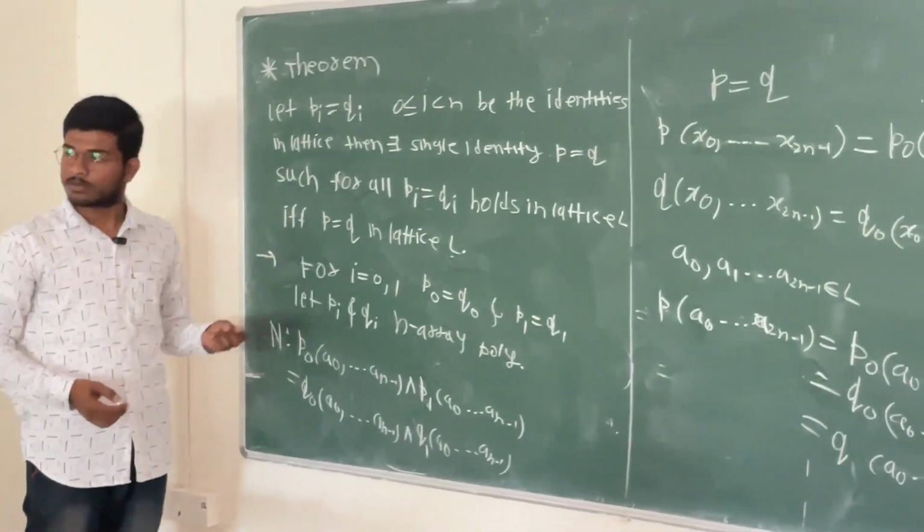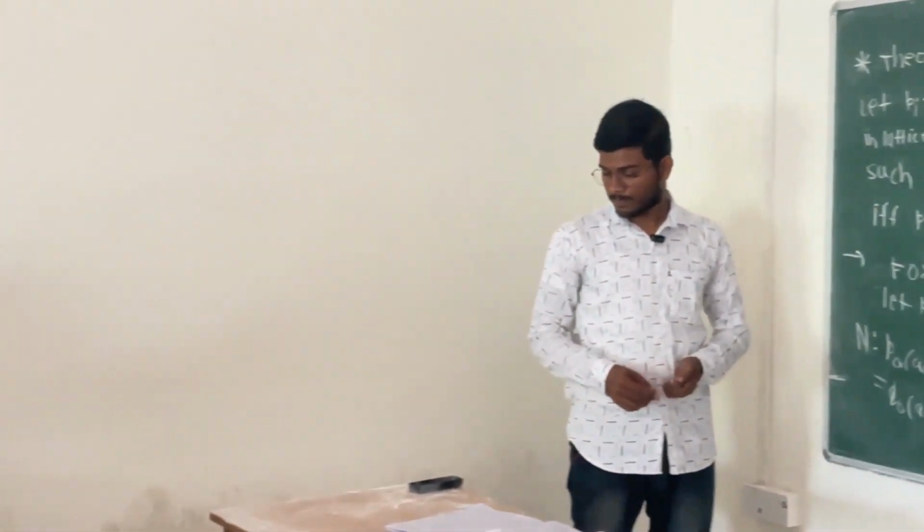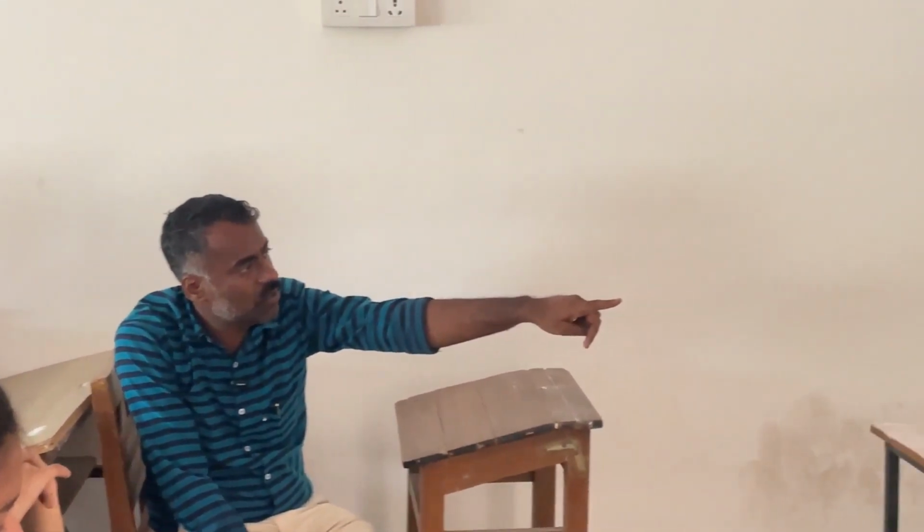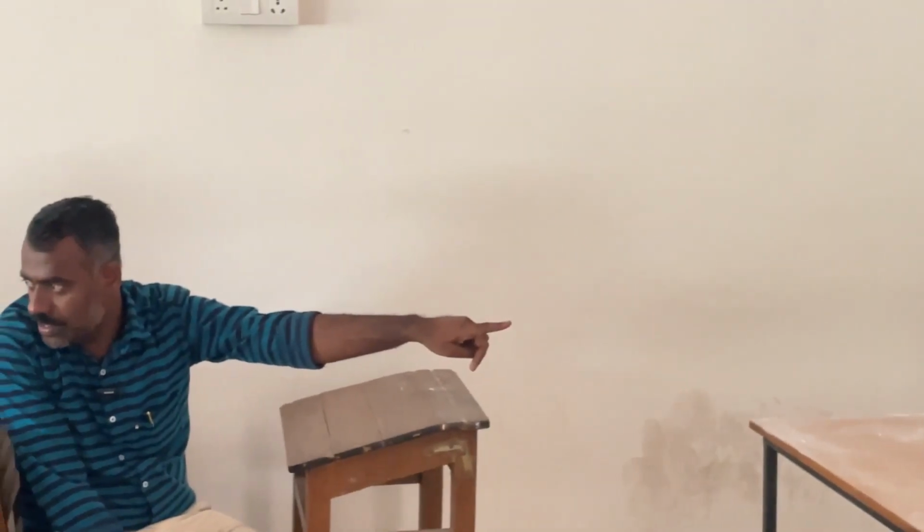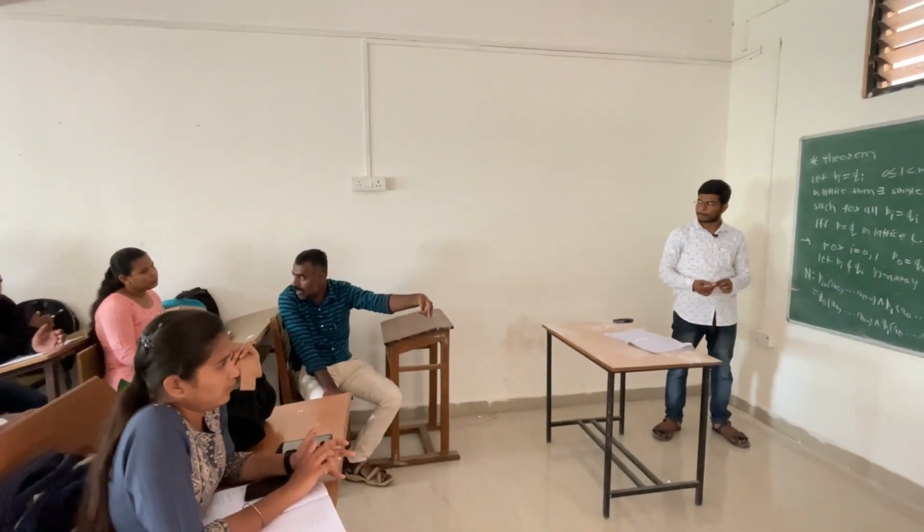Now we will, so one second. What you have observed here is, if you take p0 is equal to q0, p1 is equal to q1, two equalities we have taken, two identities, then we got one single identity, P is equal to Q. If the pi's and qi's are n-ary polynomials, then P and Q are 2n-ary polynomials. Are you following?